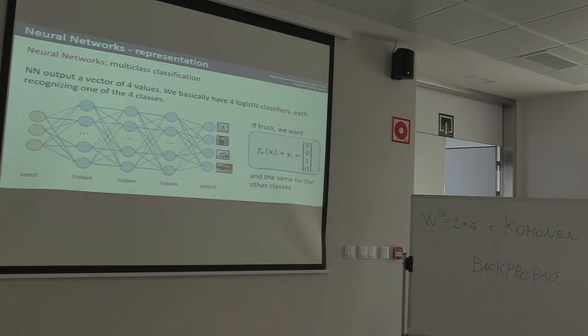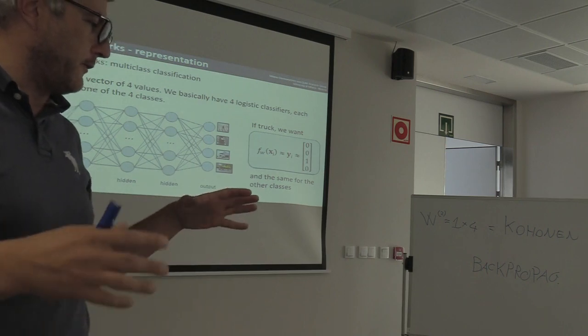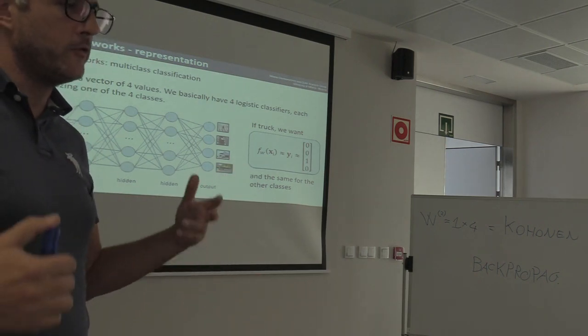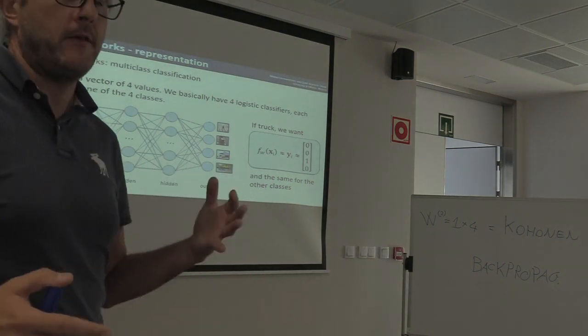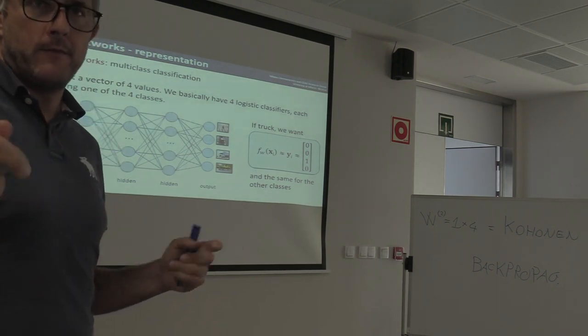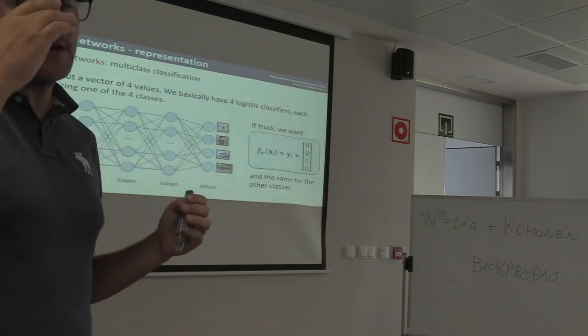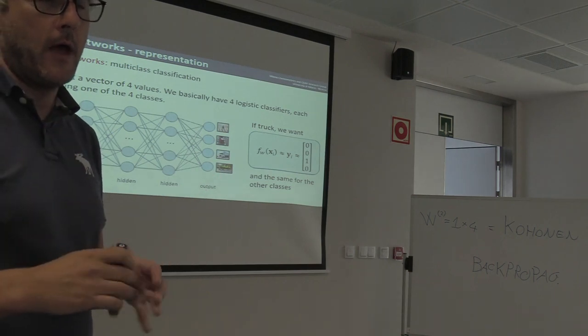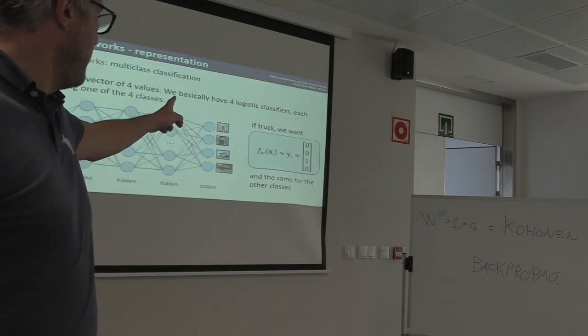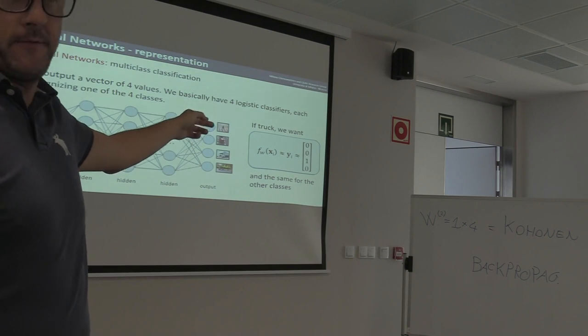So, let's say that we have trained our network already. We used a training set of samples to train the network. What does it mean? To update the weights. So the network has learned how to distinguish pedestrian, cars, truck, and bus.